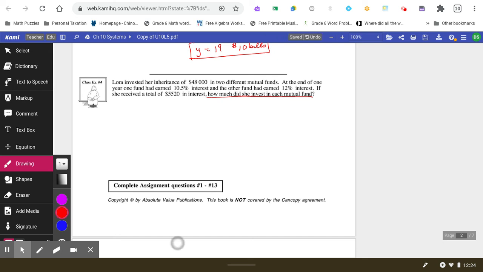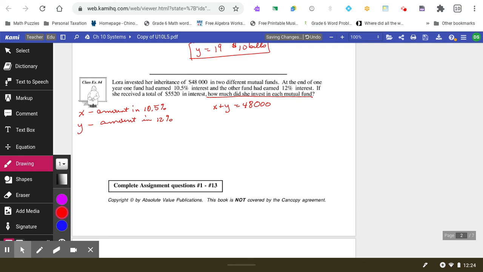So let's say that X is the amount she put in the 10.5% interest fund, and let Y be the amount that she put in the 12% interest fund. What I know is that together she had $48,000.